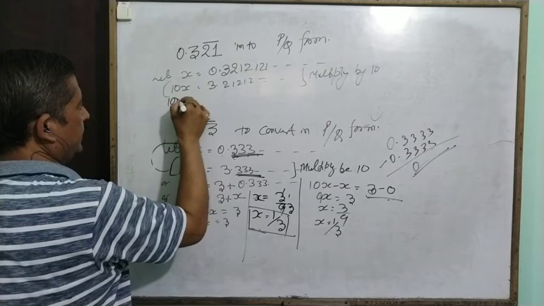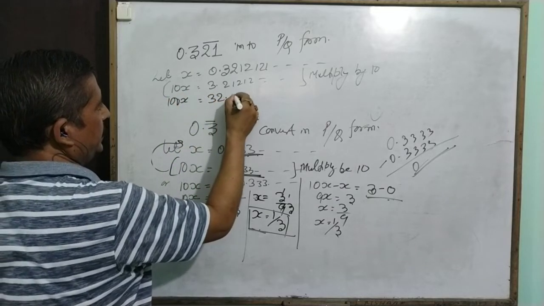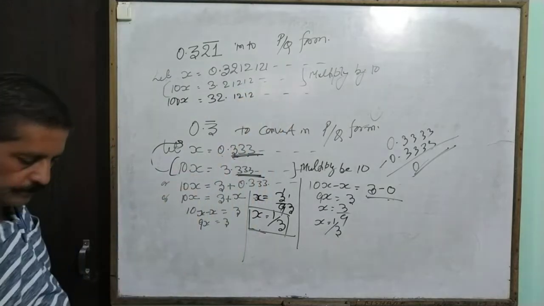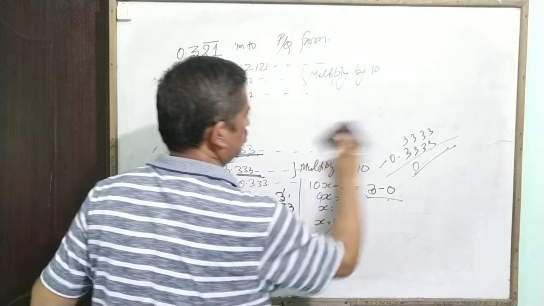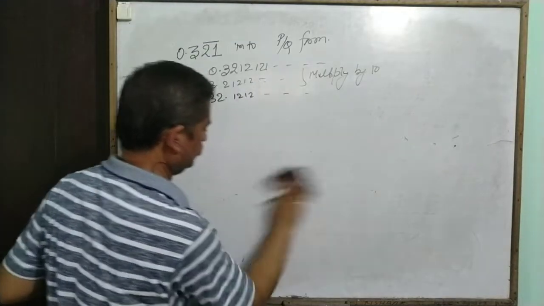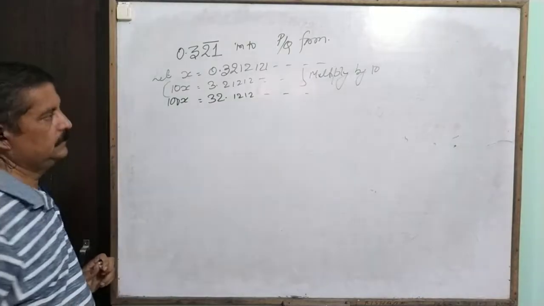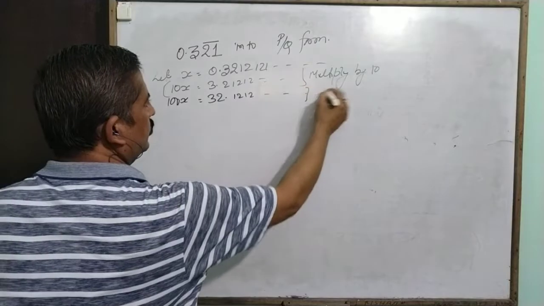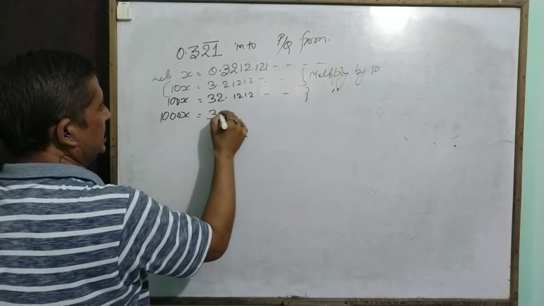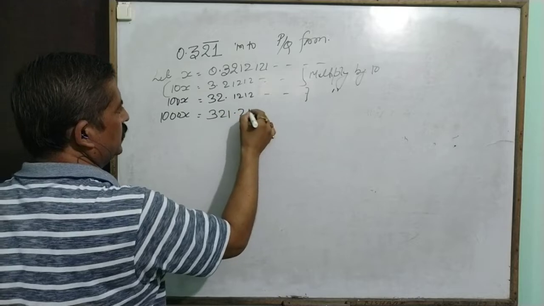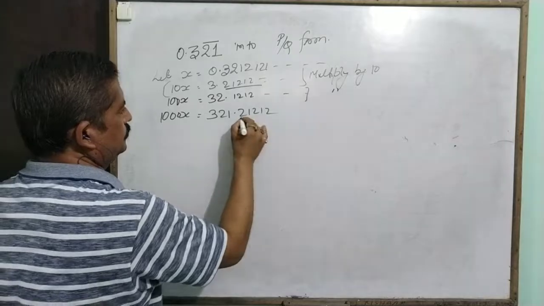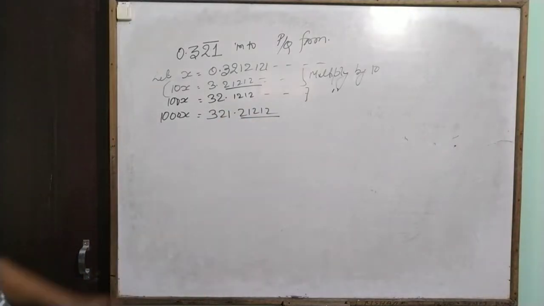Next, 100x equals 32.1212 and so on. Then again multiplying, 1000x is equal to 321.2121. So that has the same decimal part, 2121.